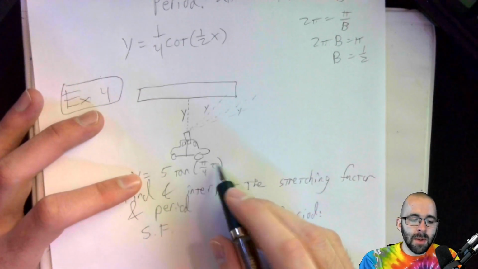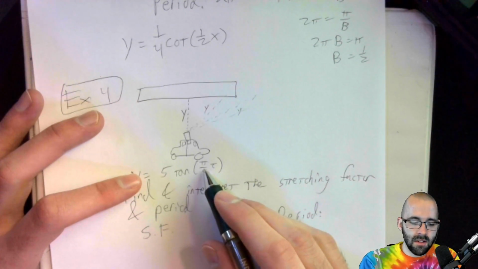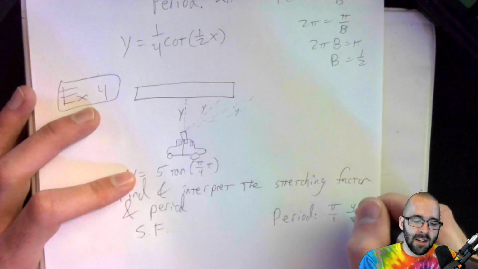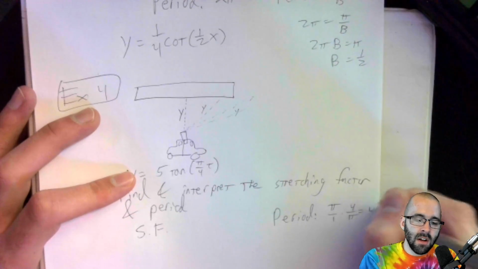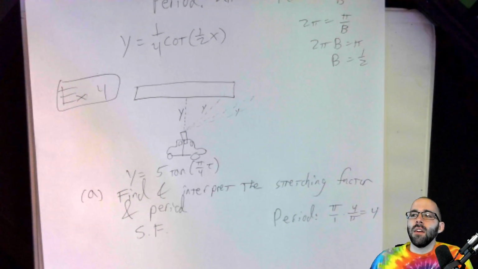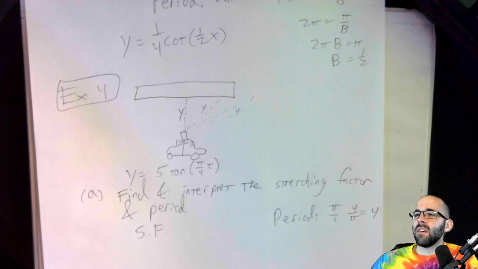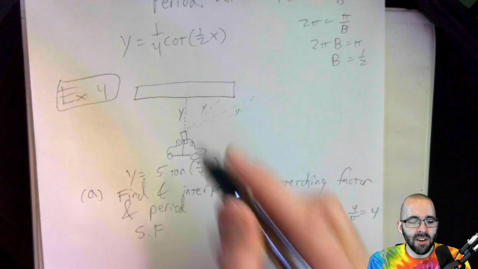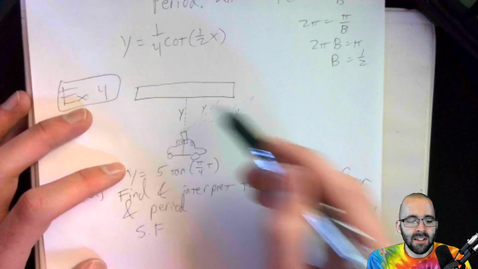The period is always going to be pi divided by b, right? And pi divided by b is pi times its reciprocal, which is 4. So remember, in a graph, the period is just how long it takes until it repeats. Well, it's the same here for this police car. How long does it take until this distance repeats?